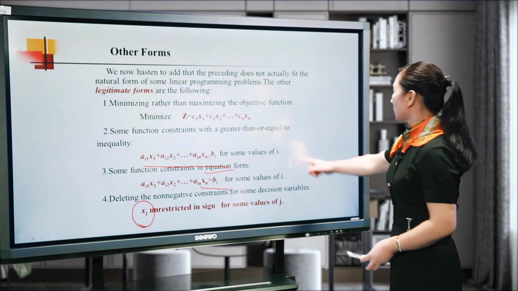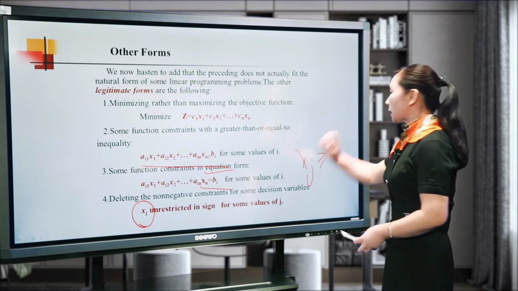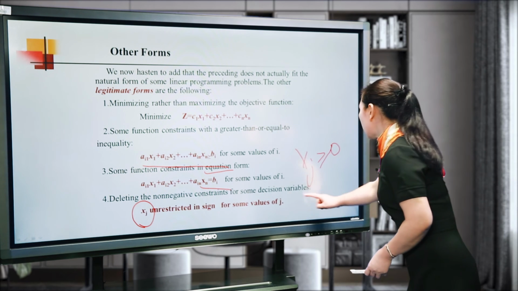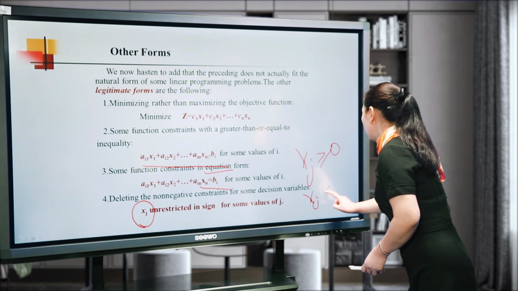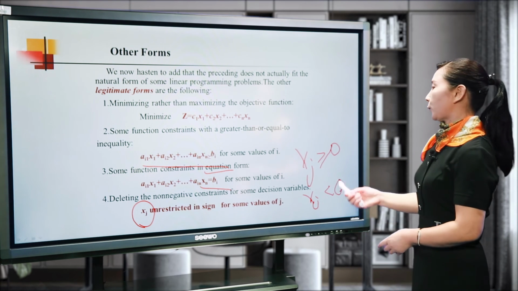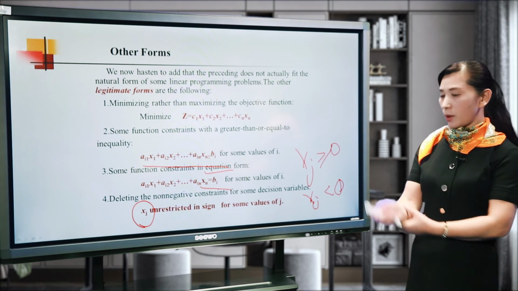That is, xj is not required to be greater than or equal to 0. There may be xj less than or equal to some value. So these formulations may appear in our model.